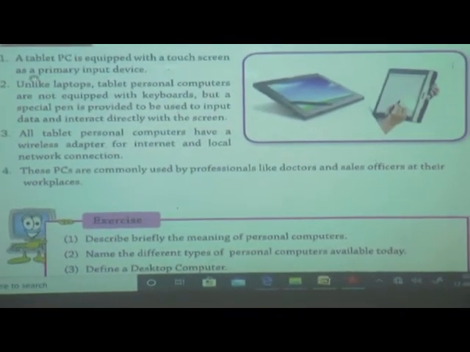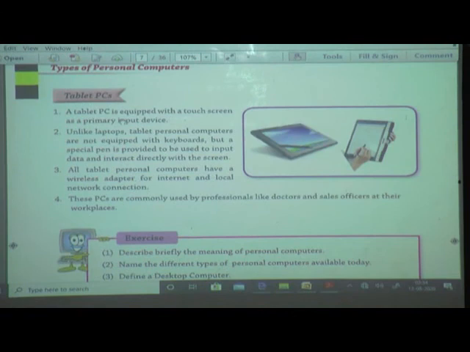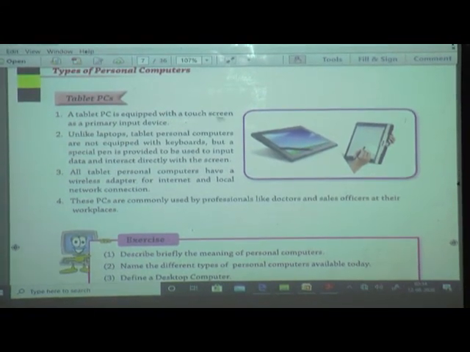Tablet PC is equipped with a touch screen as a primary input device. Unlike a laptop, tablet personal computers are not equipped with a keyboard, but a special pen is provided to input data and interact directly with the screen.